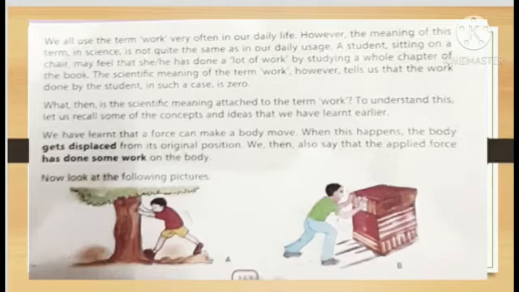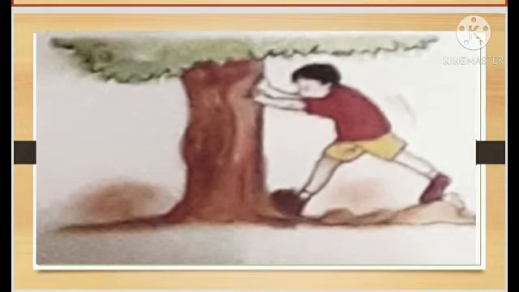Are you watching the two boys, the red and green shirt boys? Let's discuss the two pictures one by one. Earlier we have also discussed what is force, any pull or push. Here this boy is trying to push a tree. Will he be able to move the tree?